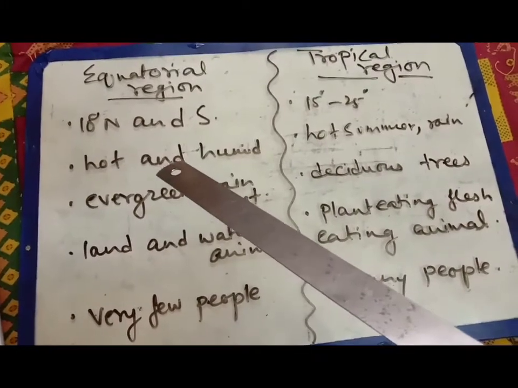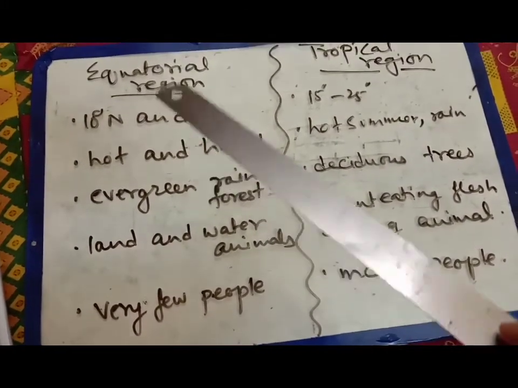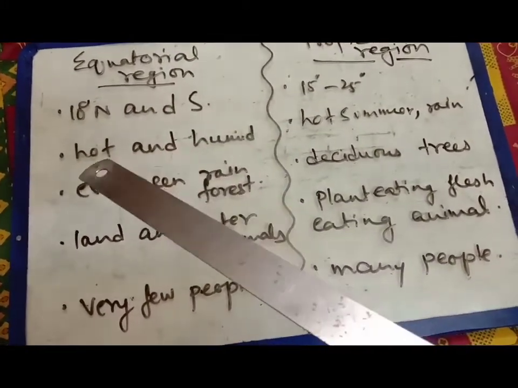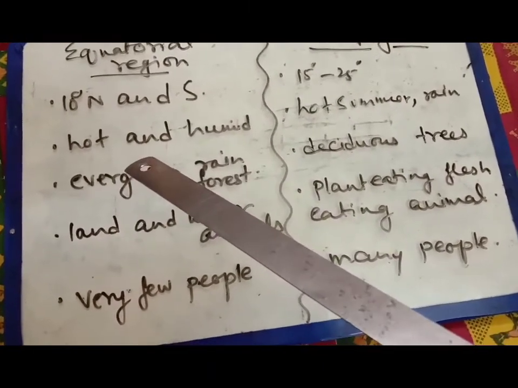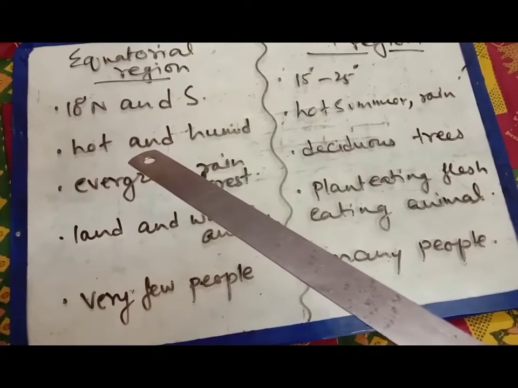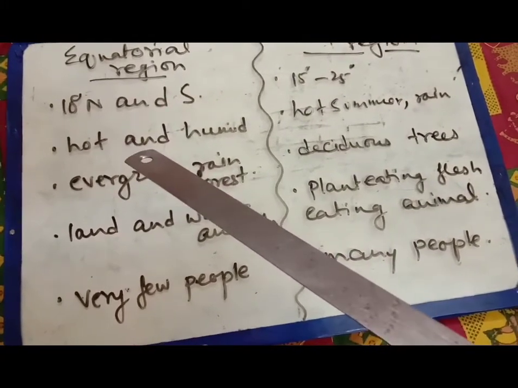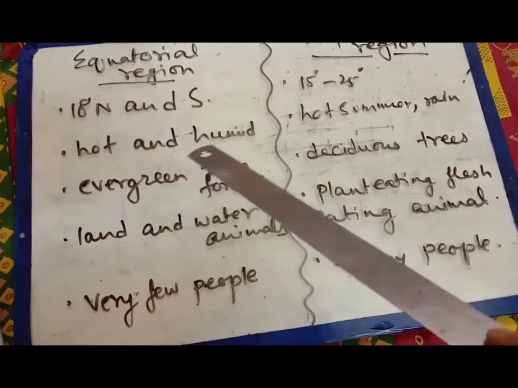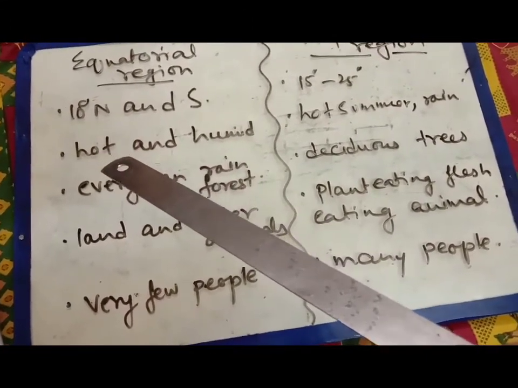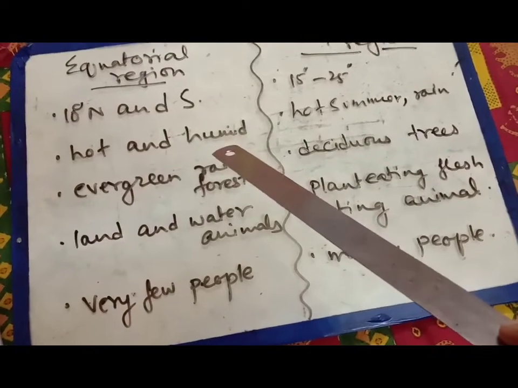Another characteristic of the equatorial region is that it is very hot and humid. Why? Because the sun gives its rays directly on the equator, so obviously this place is very hot, and because of that it is very humid also.